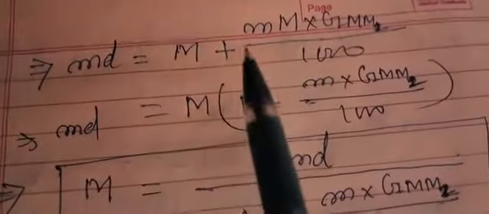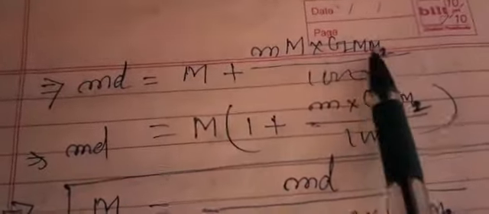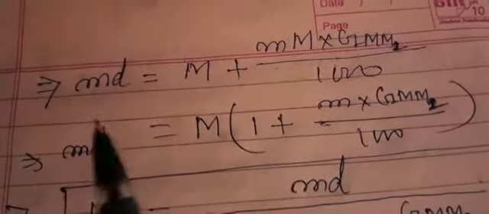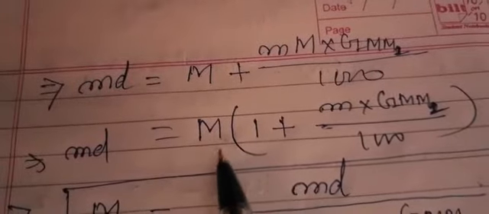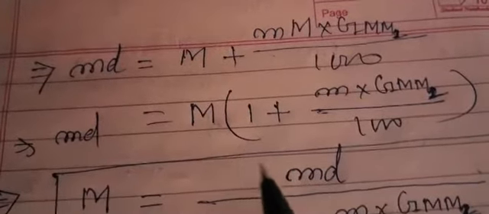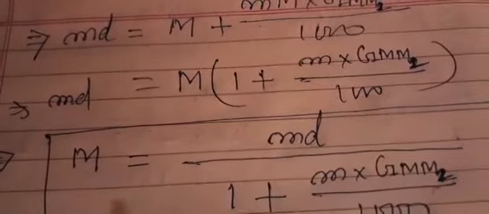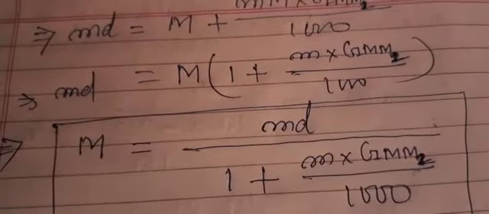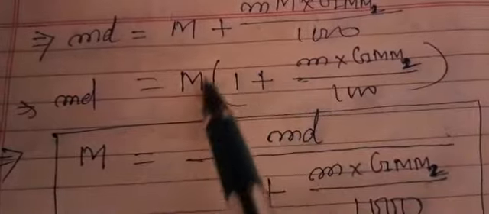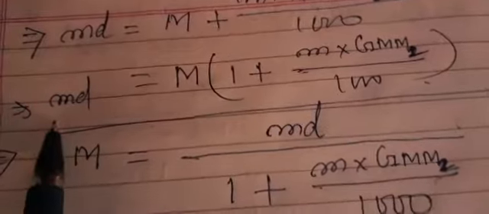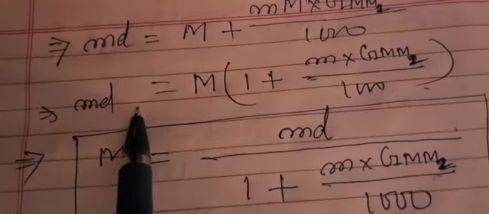So it is md equal to, now take the common, because this m is a factor; in both places this m is available, so you can take it out. So now you have got md equal to m into 1 plus m into GMM2 by 1000. So finally, this entire thing can be taken this side and it will be at the denominator position.